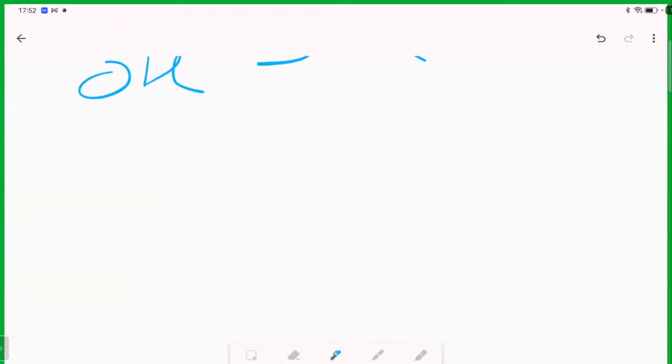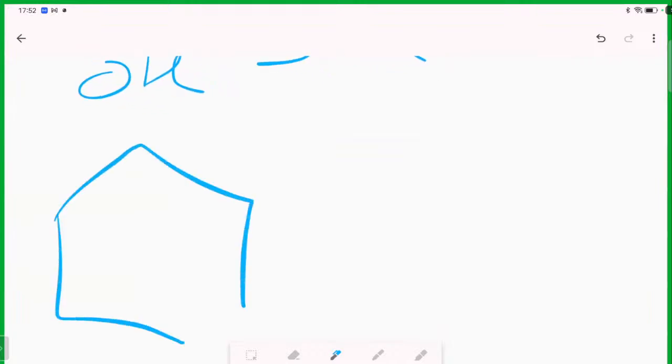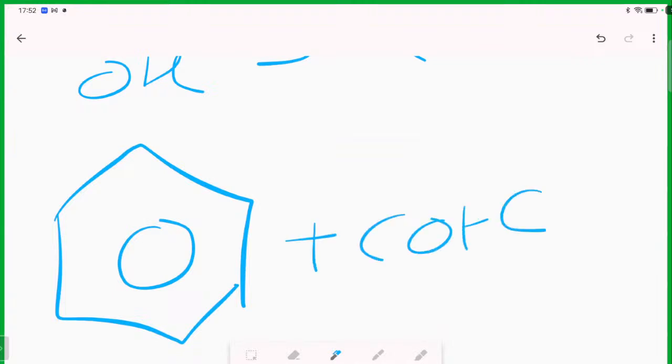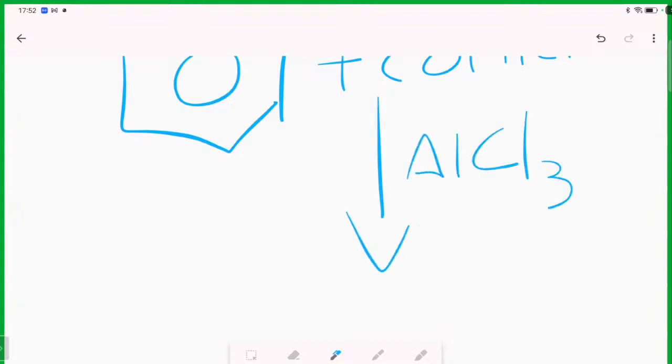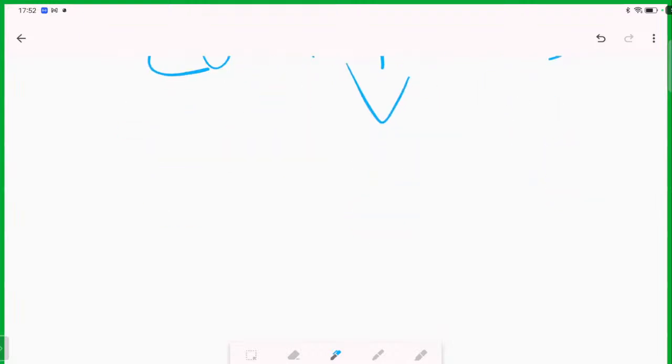Gattermann-Koch is nothing but benzene reacting with CO and HCl in presence of AlCl3 and CuCl, and we will get benzaldehyde.